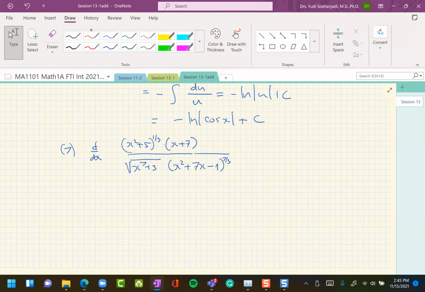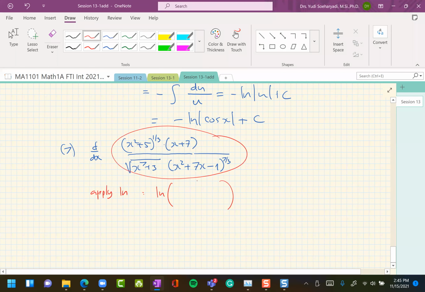So the idea is, let's compute the ln first. First apply ln. So when you apply ln to this one, okay, recall, this is a product. This is a power.